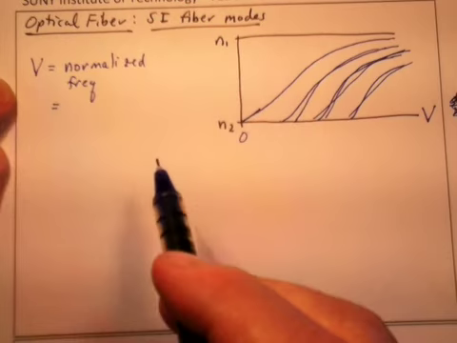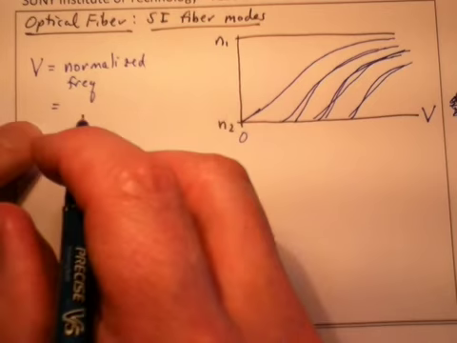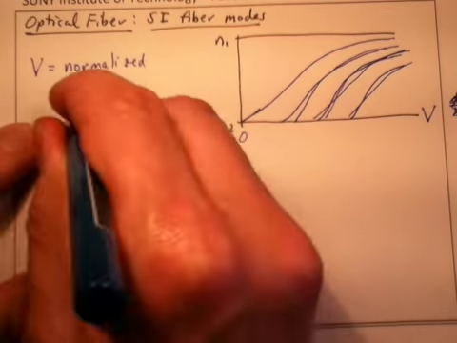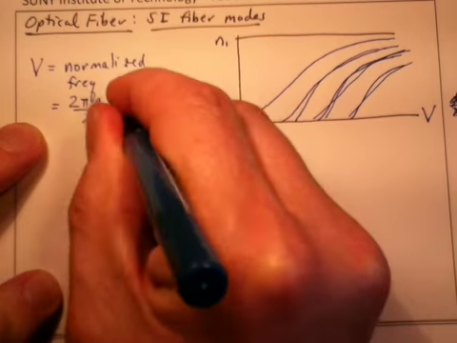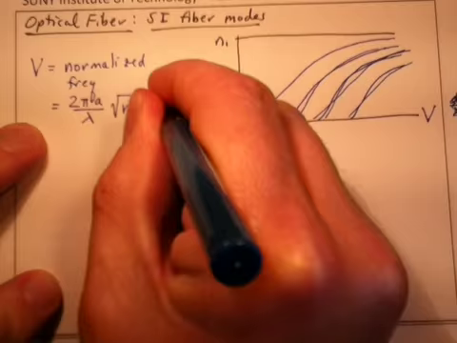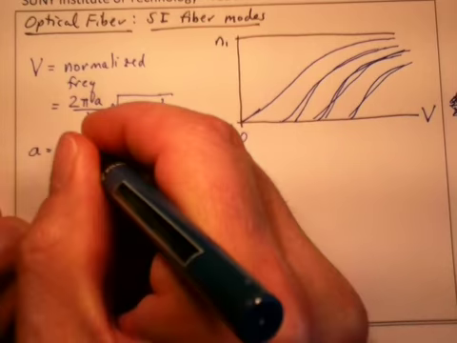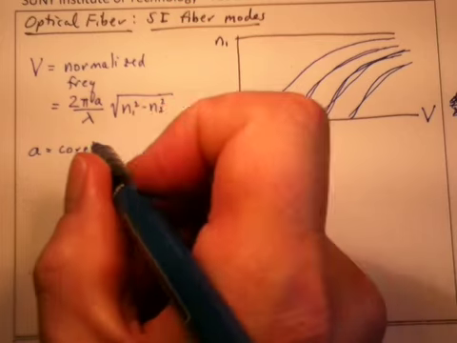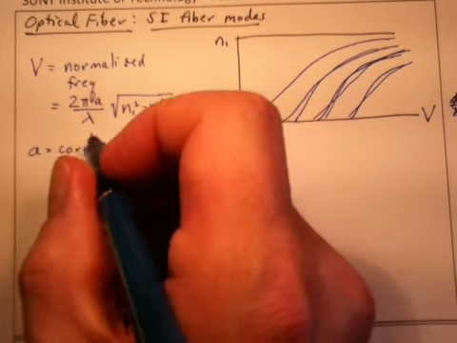The fact that it's a frequency is consistent with the fact that it's proportional to 1 over the wavelength, and it's going to be 2 pi a over lambda times the square root of n1 squared minus n2 squared, where a is equal to the core radius.